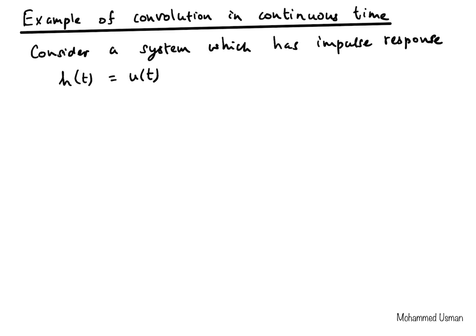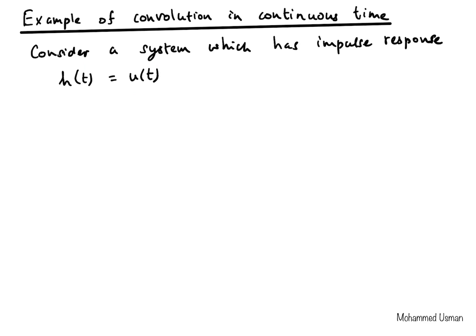So let us take this example where we consider a system which has an impulse response given by h of t equals u of t. u of t is the unit step function. That means when the input is a unit impulse function, which is a delta function, the output h of t is a step function.